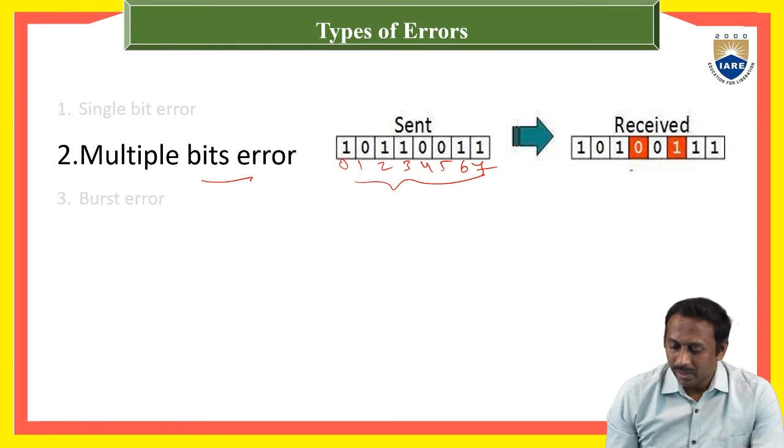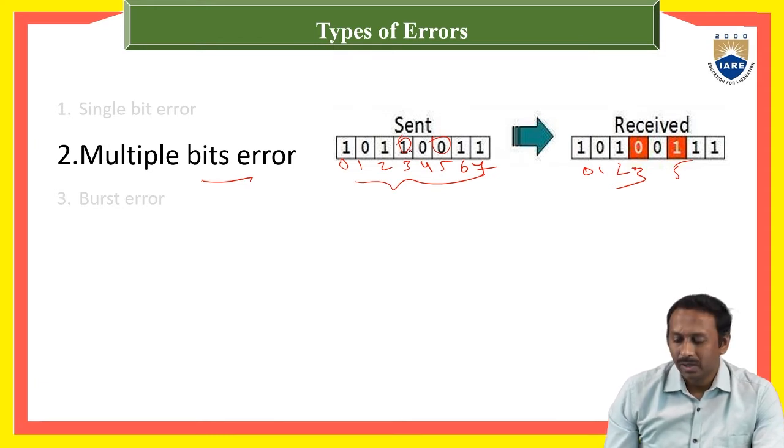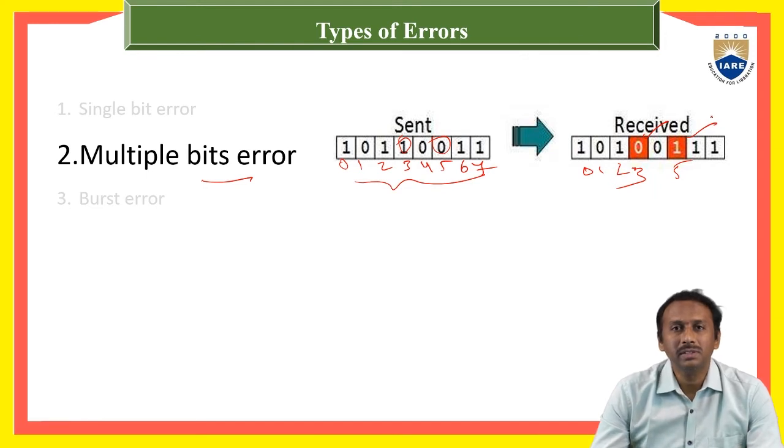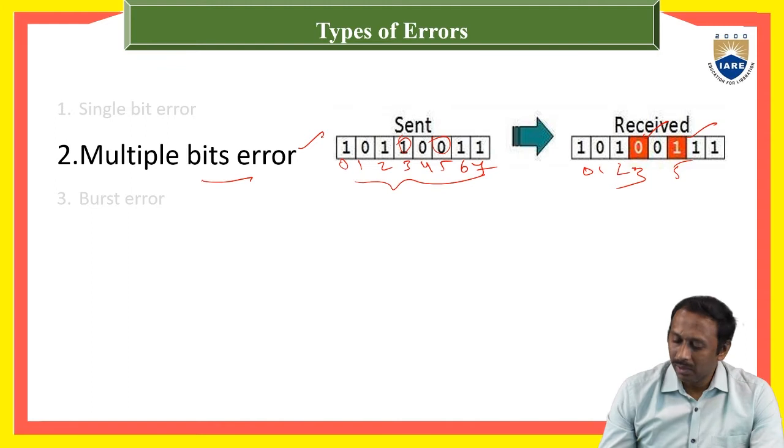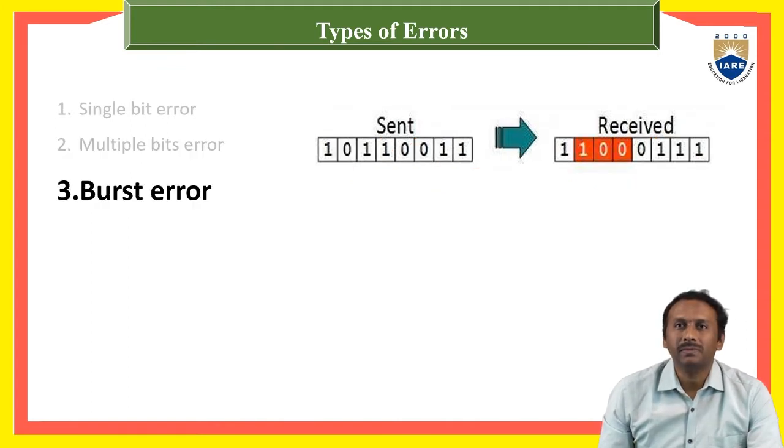The third and fifth bits: the third one is 1, the fifth one is 0. Instead of 1, 0, the receiver received 0 and 1. So here 2 bits are errored in one single frame. That's why this kind of error we call multiple bit errors.